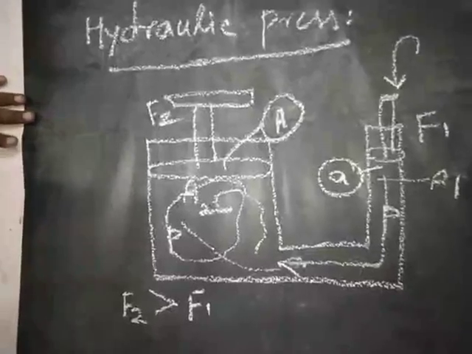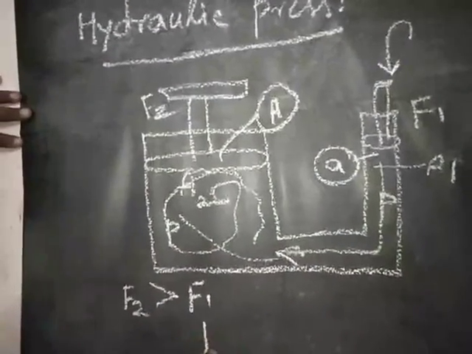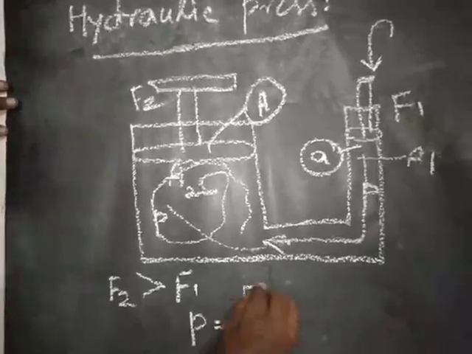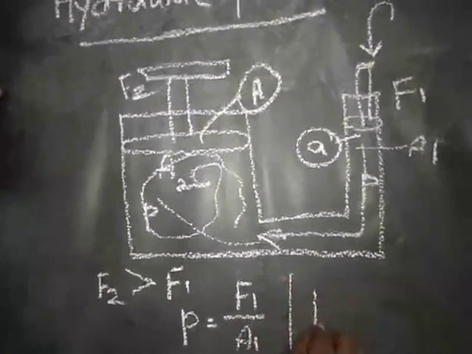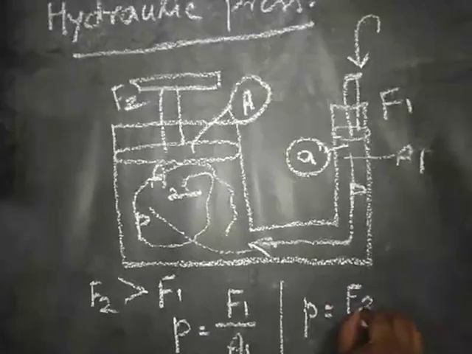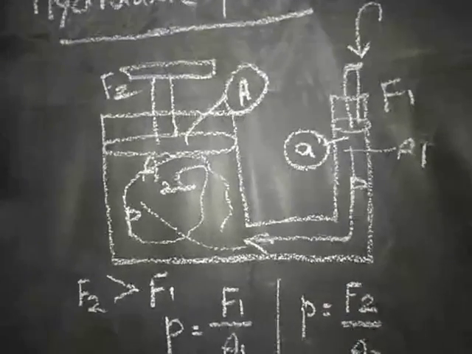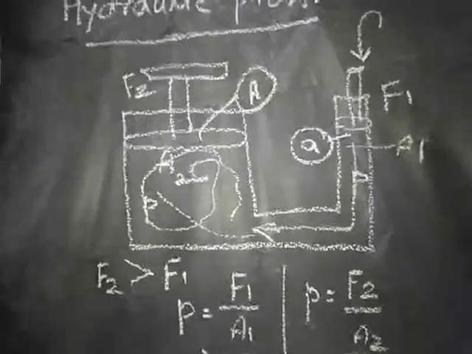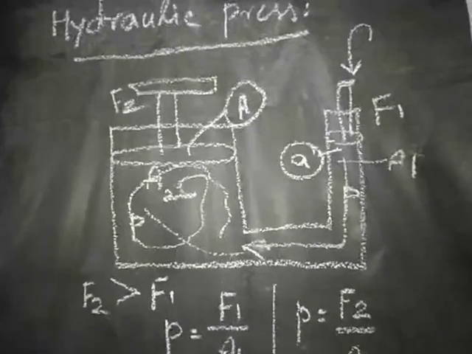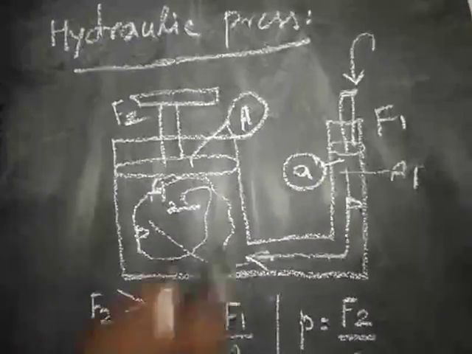Based on the pressure formula, pressure is equal to F1 divided by A1. In the same way, pressure is equal to F2 divided by A2. This is equation 1 and this is equation 2. P is equal to F1 divided by A1, and P is equal to F2 divided by A2. We compare equations 1 and 2.